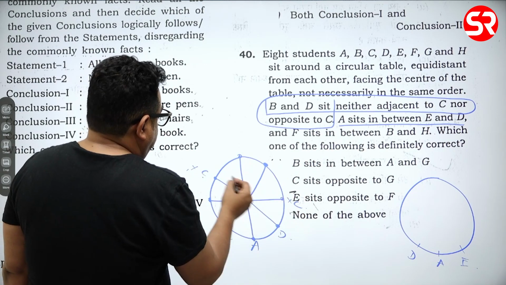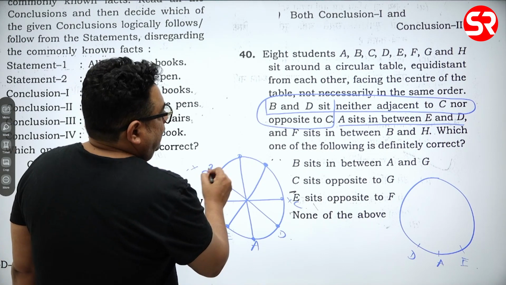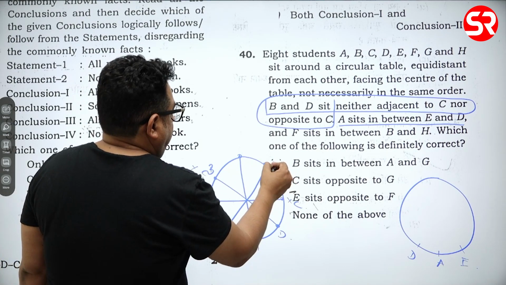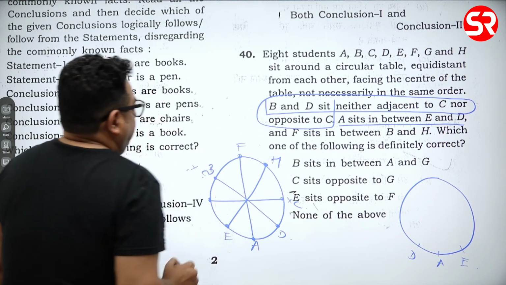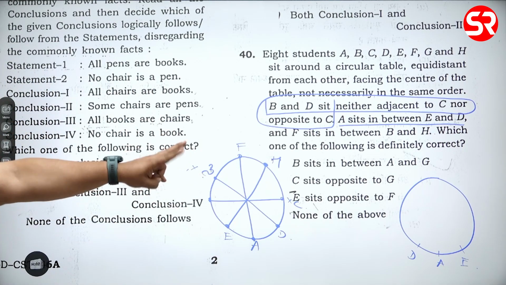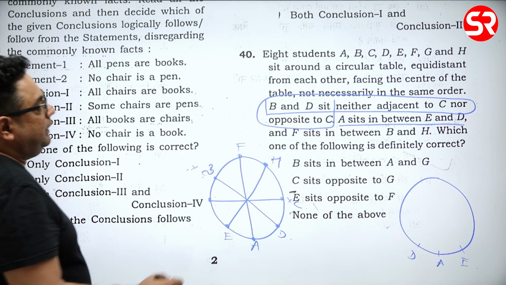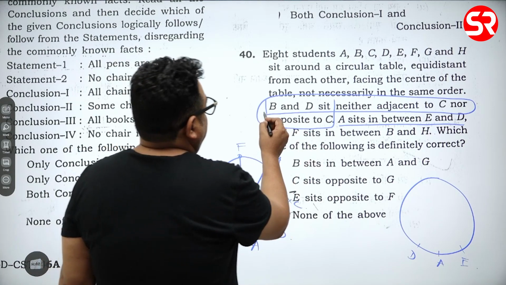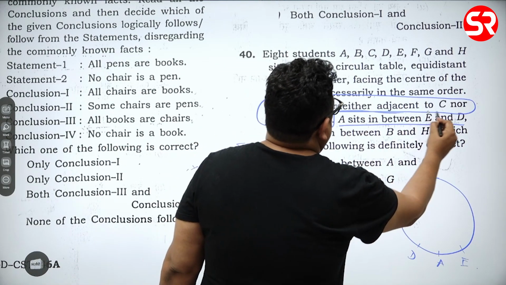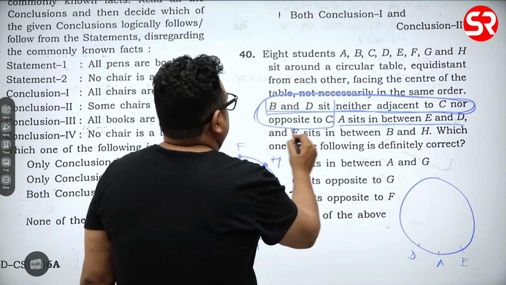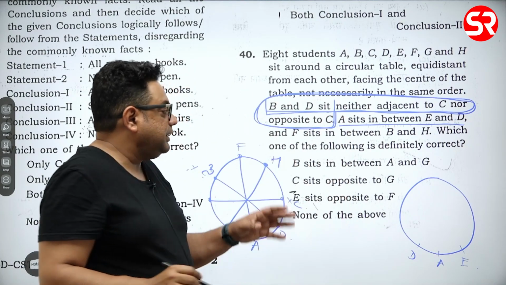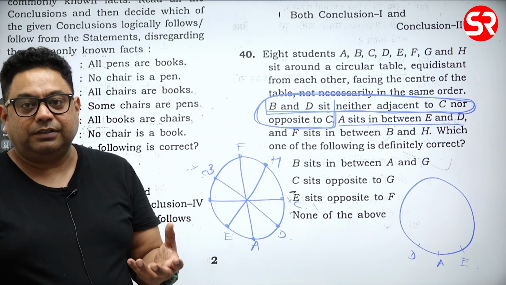All right, let's make it right, guys. If I make B here and H here, F sits between it. Then I can make one more diagram. All right, and then if I try adjusting this condition, B and D sit neither adjacent to C nor opposite to C, I won't get any good arrangement, right?